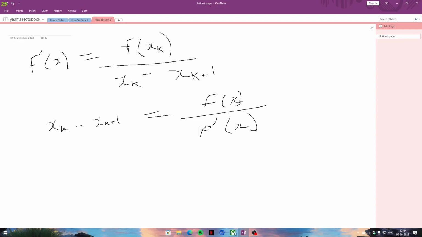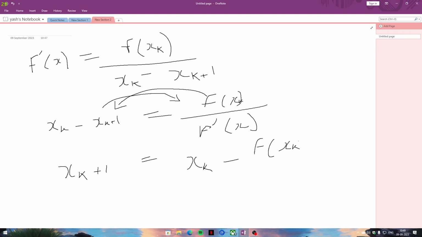If we interchange these values, we get xk plus 1 is equal to xk minus f of xk by f dash of x.